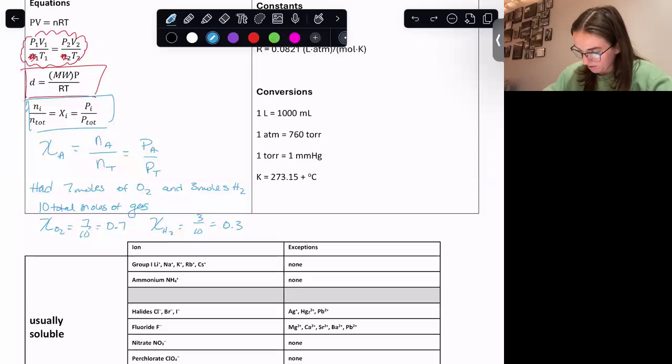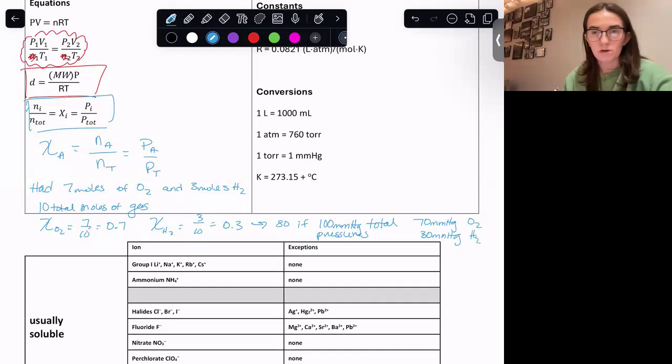So if you have 100 millimeters of mercury total pressure, 70 millimeters of mercury is going to be from O2 and 30 is going to be from H2.